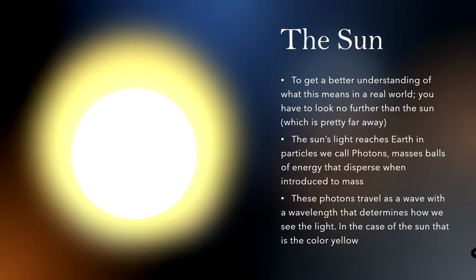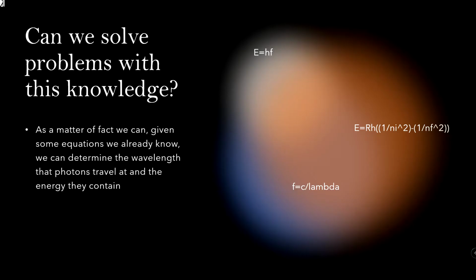In the case of the sun, the energy which the photons contain gives them a wavelength that appears as the color yellow or orange, depending on the time of day. And obviously, it's a little more complicated than that. Like, it's bounced around in the atmosphere and whatnot. But what does this lead us to?